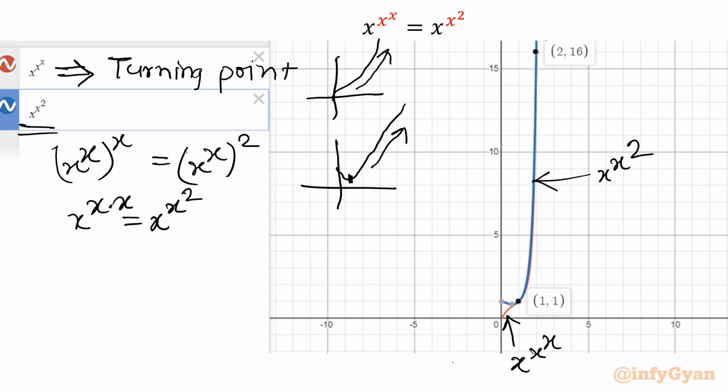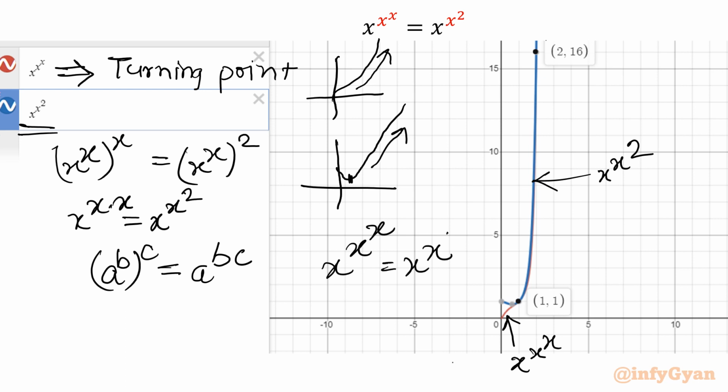And if you see the functions, x power x equal to x power 2, if I apply the exponential property, it will come the same. But the graphs are not the same. So what is the difference? Once you apply the property a power b power c equals a power bc in this exponential form, it will give you x power x square.